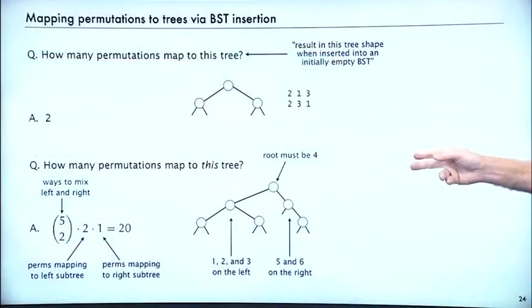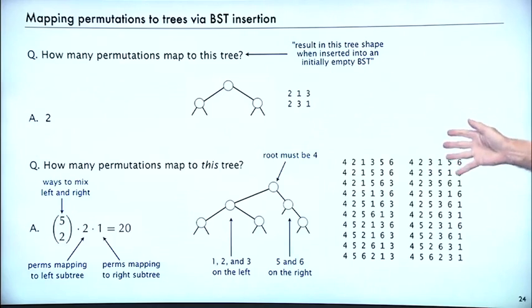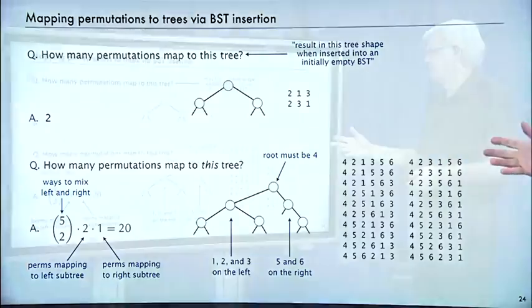Then you've got the 2 possibilities for the left and the 1 possibility for the right, and those are the 20 permutations that lead to that tree shape. You can check and validate that if you don't quite believe or understand that math. So that's a bigger example.